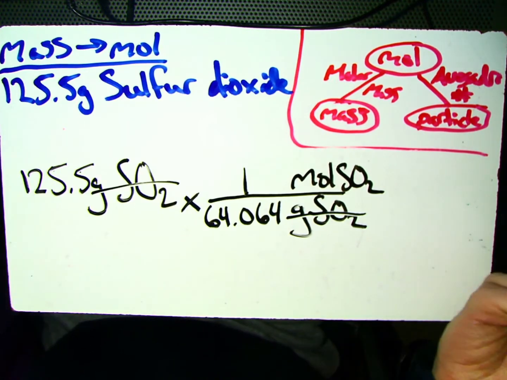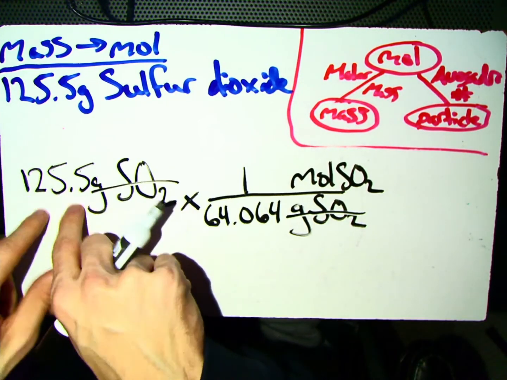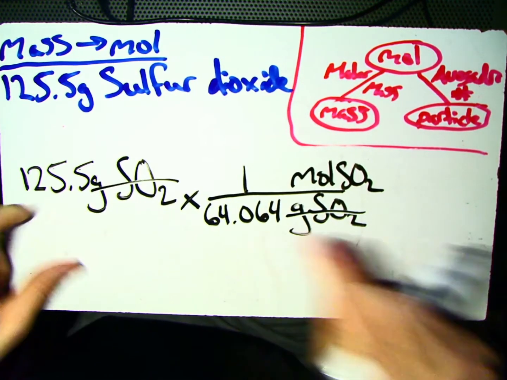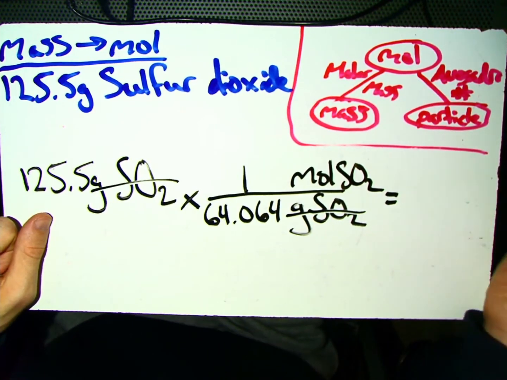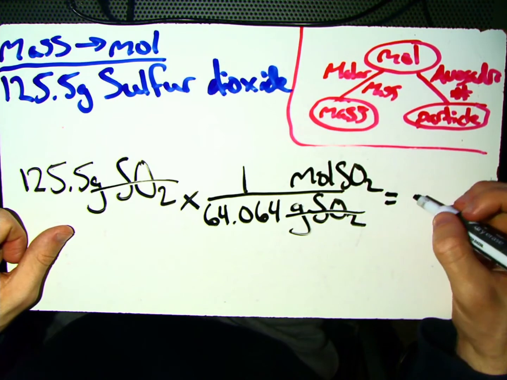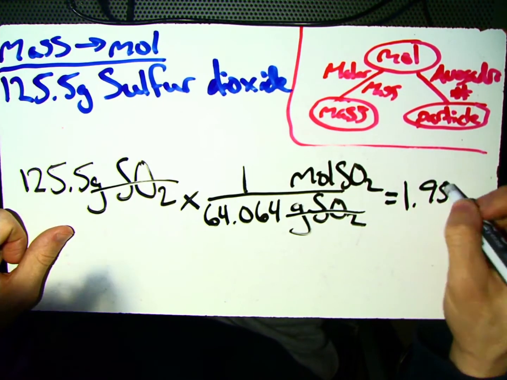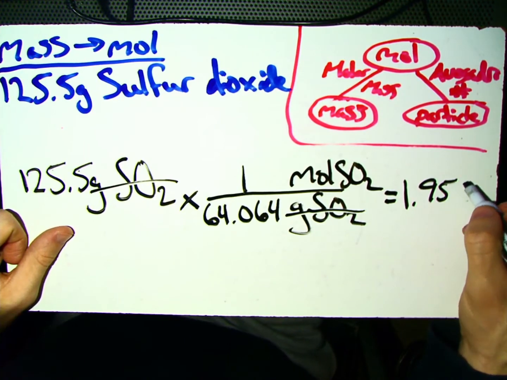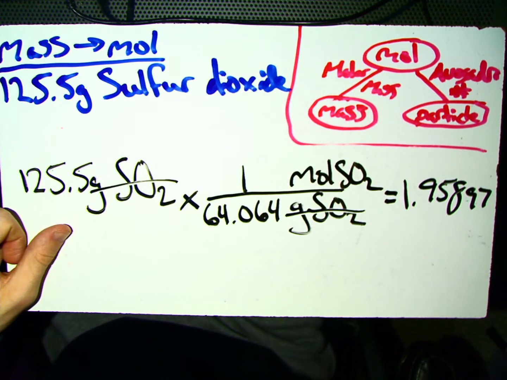If you understand what this represents, it literally is just 125.5 divided by 64.064. All right? And the number you should get is 1.95897. What's wrong with that?